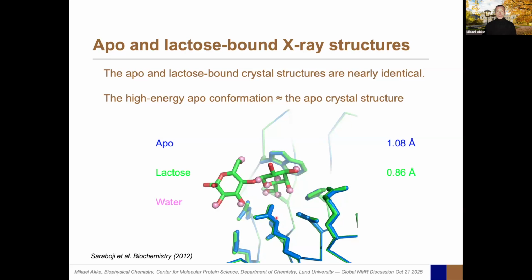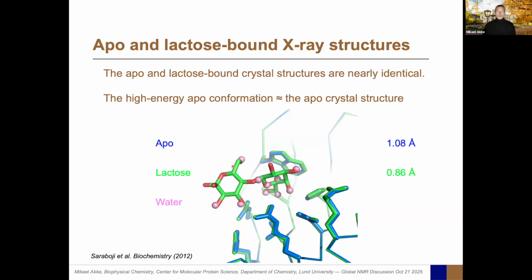structure. So what you can see is that in the apo structure, in the apo crystal structure, there's at least transient population of waters at pretty much exactly the places where the oxygens are in the lactose molecule. So this means that, in solution, once in a while, the protein forms a high energy state, and we think that in that state, water molecules coordinate the side chains in such a manner that it looks just like the lactose bound state.